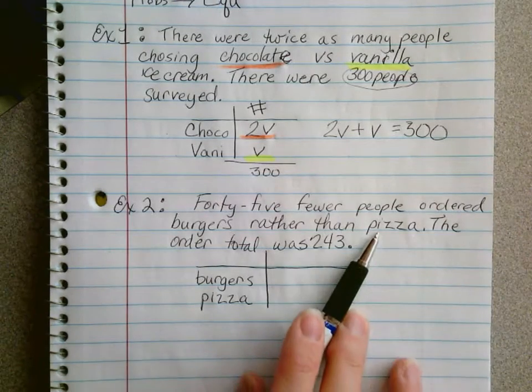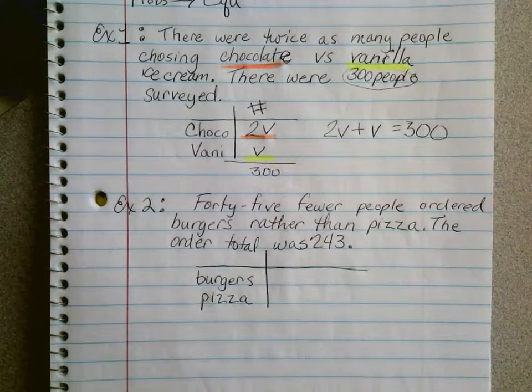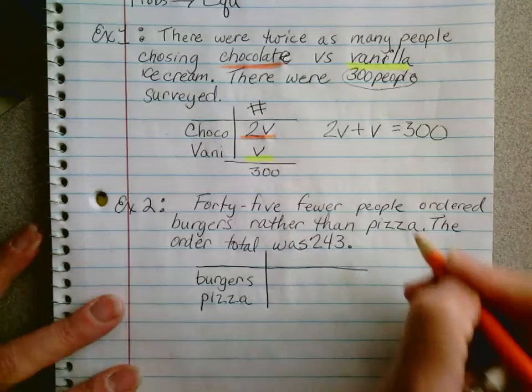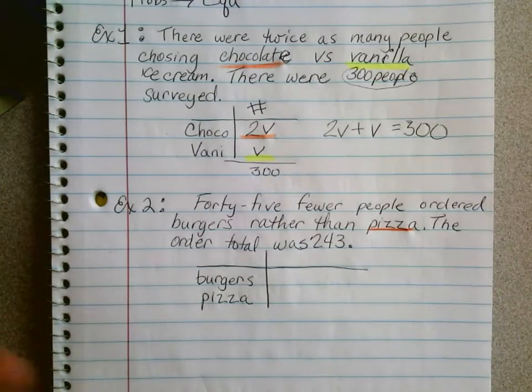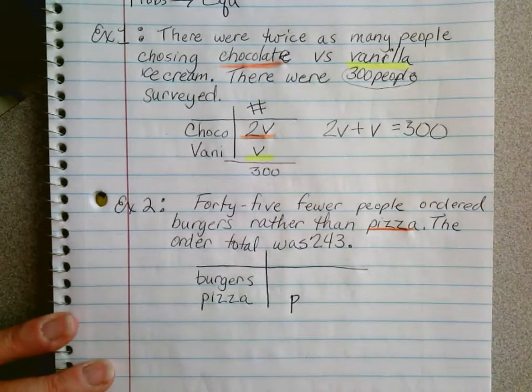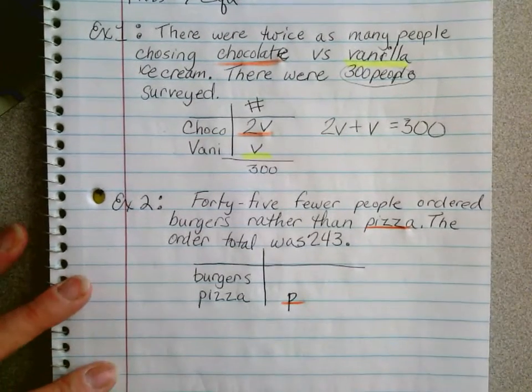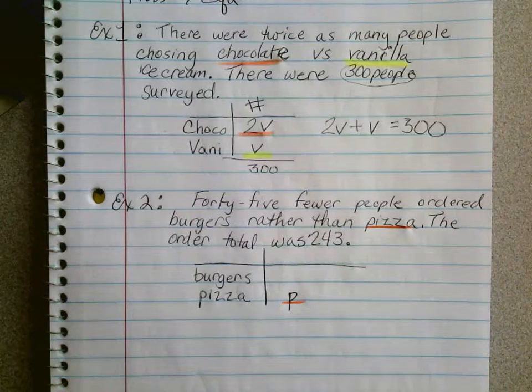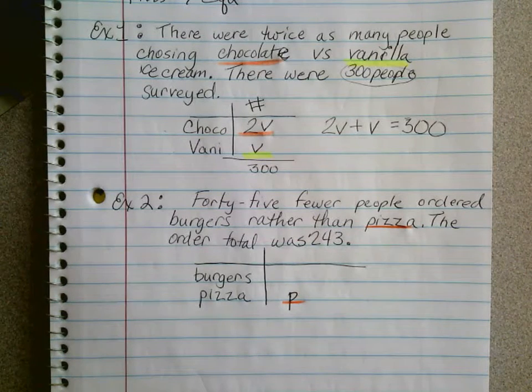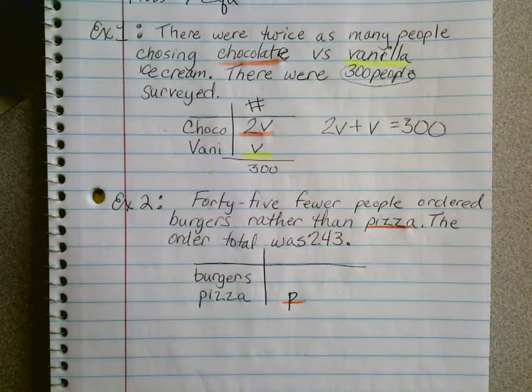Everything is based on pizza, right? I know that's a difficult way to phrase it. So if everything is based on pizza, pizza will be my variable. What do I know about burgers? Okay, how do I make burgers 45 fewer than pizza? Fewer.